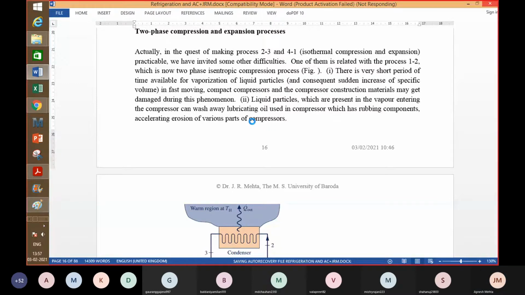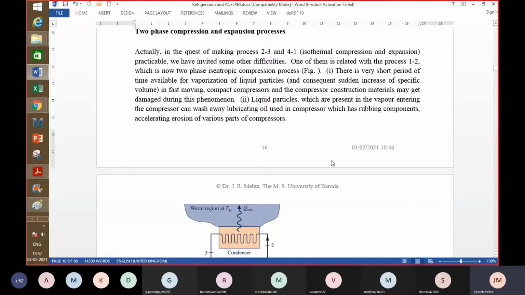So again, let us think how we can resolve this issue. One of the options, of course, is that this compression process 1-2, which is inside the saturation dome, can be shifted to outside the saturation dome. That is, point 1, rather than being inside the saturation dome at the entry to the compressor, may be shifted.